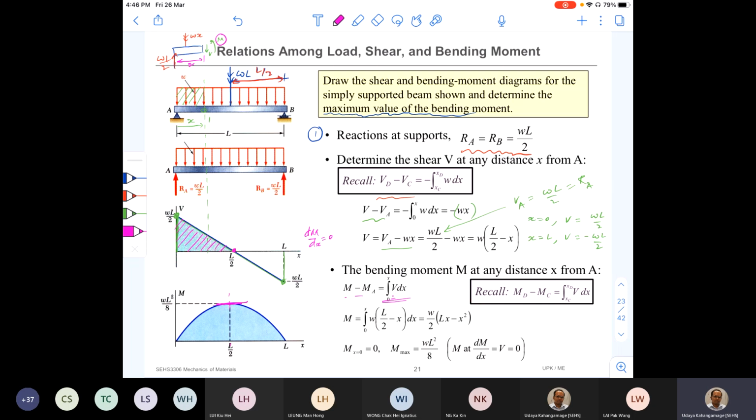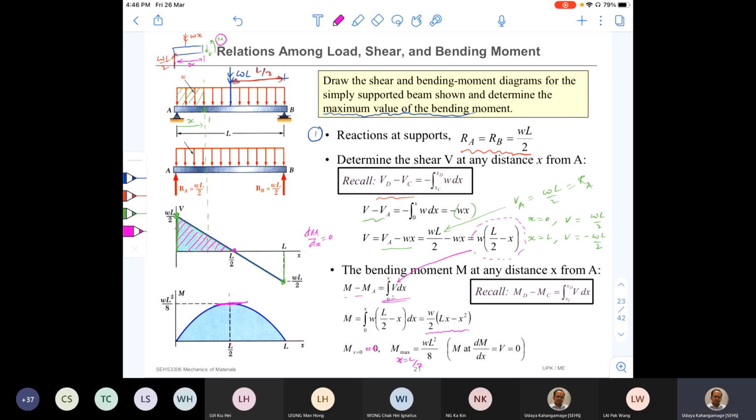And here we already found that it is equal to this equation here. So we can replace this V by that function of X of shear force, and after simplifying, you find that M is equal to this kind of equation. It's a second order function, right? So when X is equal to 0 here, M becomes 0. And when X is equal to L by 2, what is the value of M, which is now maximum?